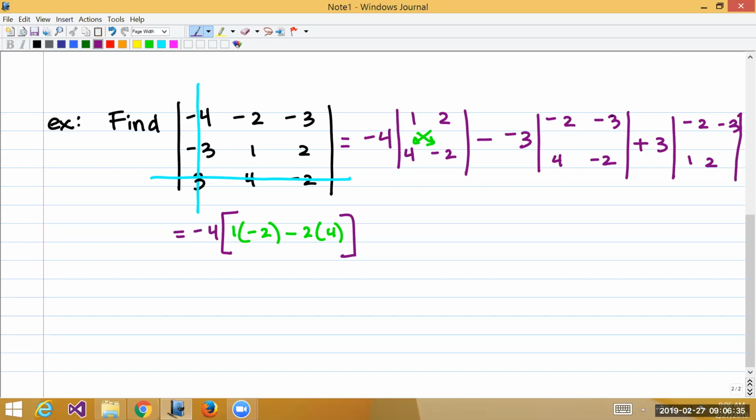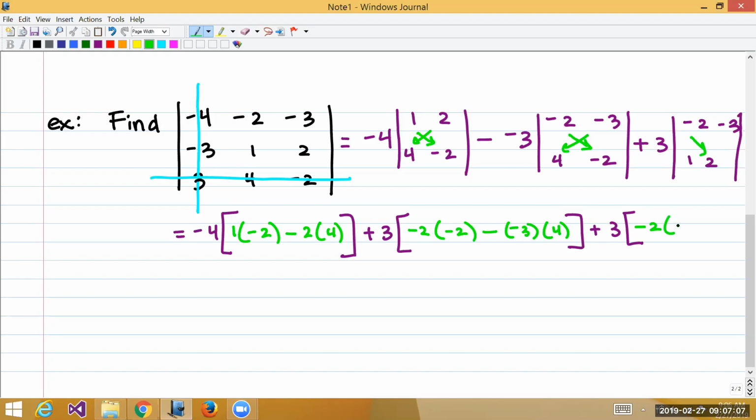This -3 is being multiplied, but we do have two negatives, so we can just go ahead and simply make that a +3 times, let's go ahead and do that, forward product, -2 times -2 minus, that's part of the formula, backwards product, -3 times 4, and then plus 3 times forward product, -2 times 2 minus, that's part of the formula, backwards -3 times 1.